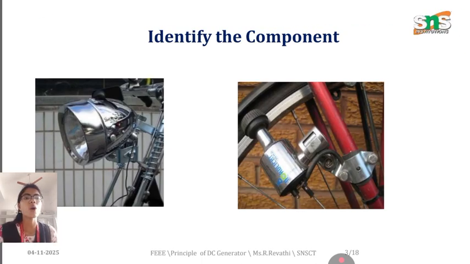Identify the component. You are provided with two pictures displayed in the presentation. The first one is a dynamo and the second one is a motor. The dynamo symbolizes that the DC generator works by a mechanism of mechanical to electrical energy conversion.